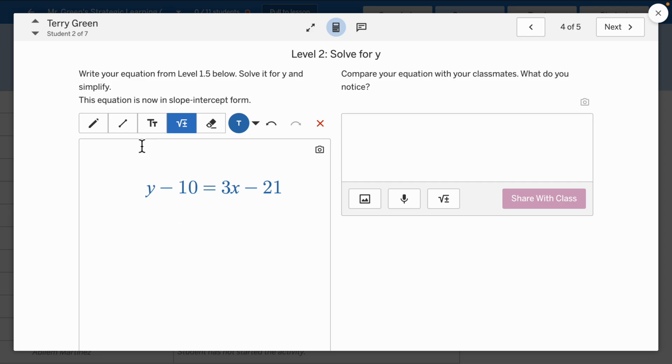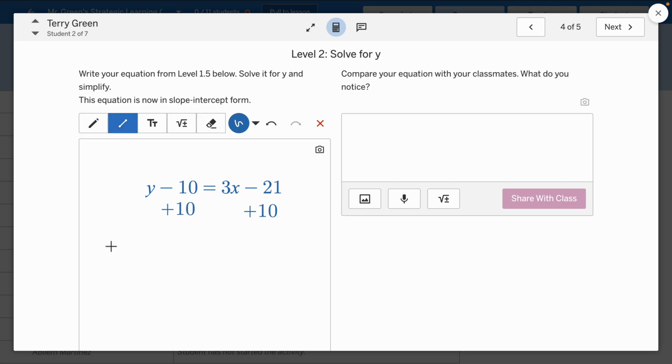I need to get the y by itself, so I need to add 10 to both sides. And I also need a plus 10 on the right as well. What you do on one side, you have to do on the other. That's my plus 10 there, and that's my plus 10 there.